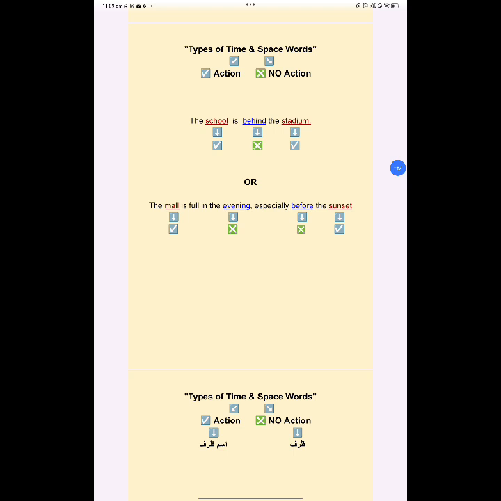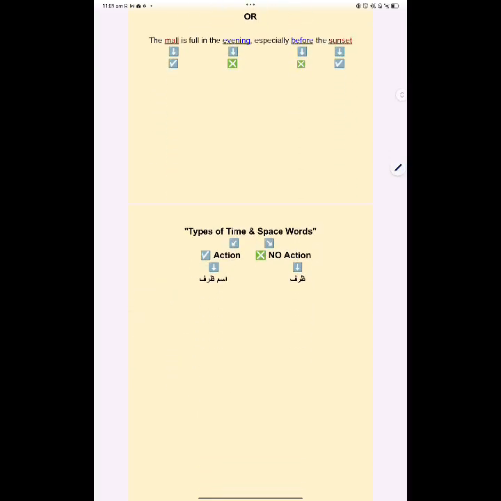So why am I teaching you this? Let me elaborate. Here we've got a couple of vocabulary terms for you. Instead of saying over and over again that this zarf zaman or makan has an action associated with it or not, we simply have two simple terms, and they're going to tell you if the zarf has any kind of action associated with it or not.